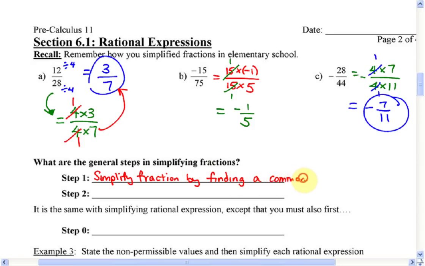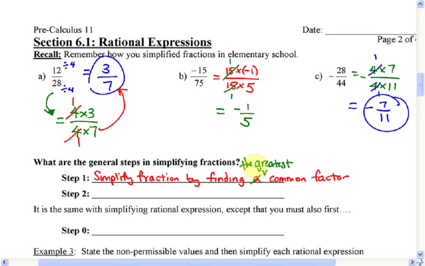It would help if you found the greatest common factor too. You don't have to find the greatest one, but if you do, it just makes your steps much easier.